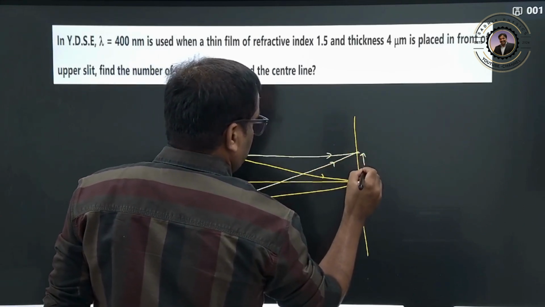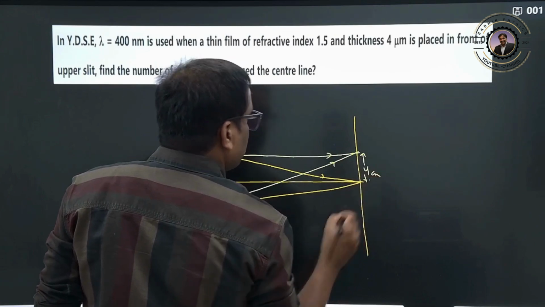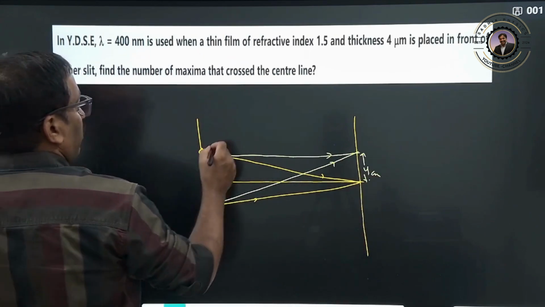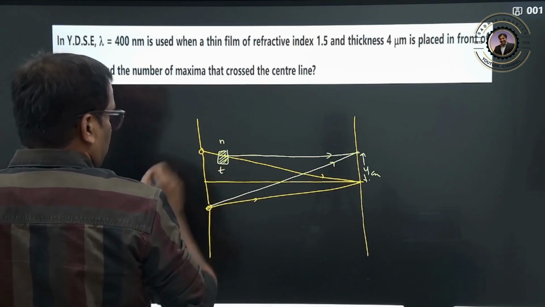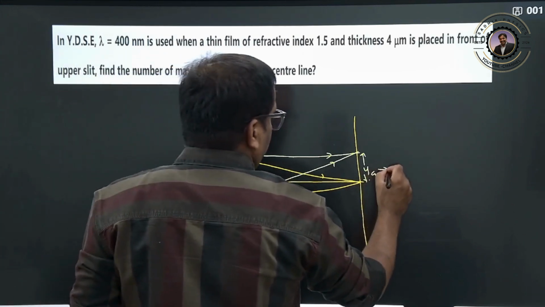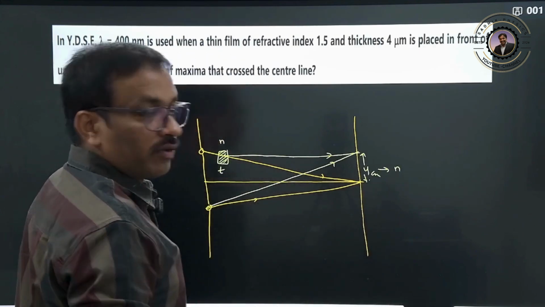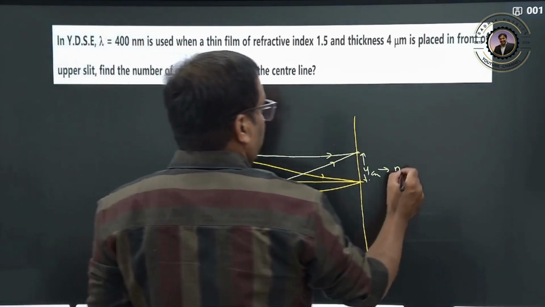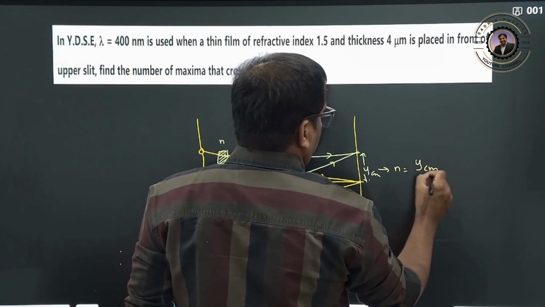So here this is your YCM, the shift in the center of mass. He gave the refractive index and thickness, and he is asking how many fringes can fit. So the number of fringes can be written as YCM by fringe width.